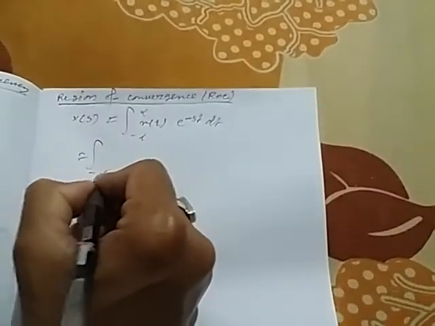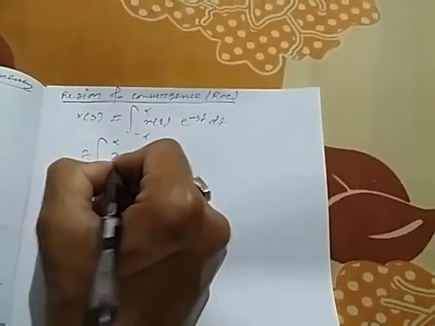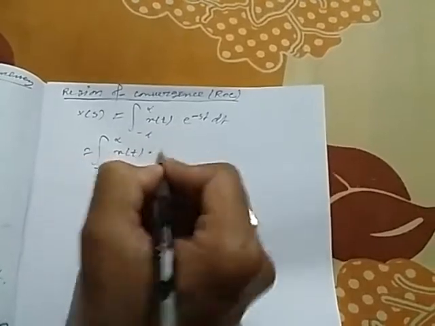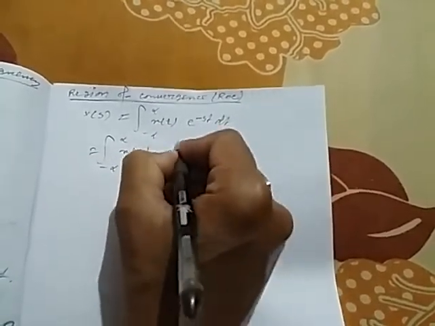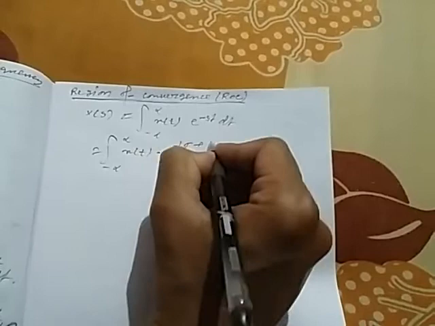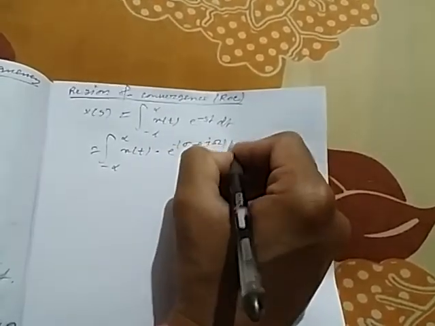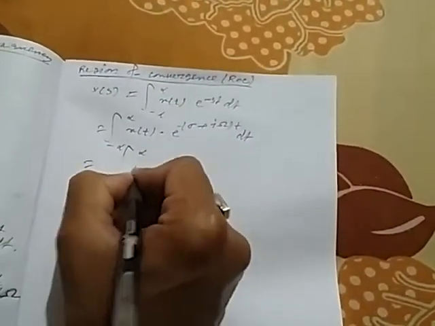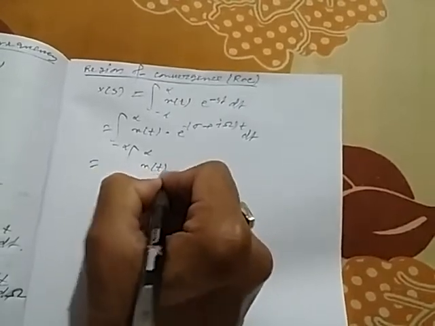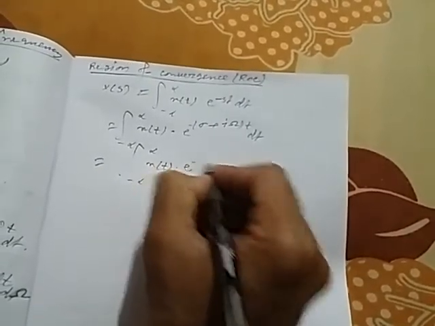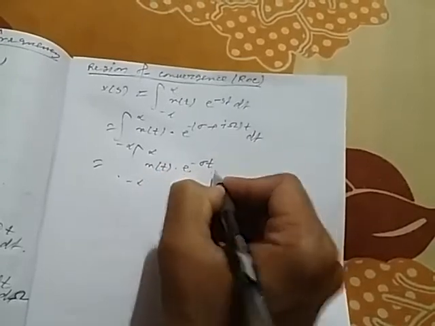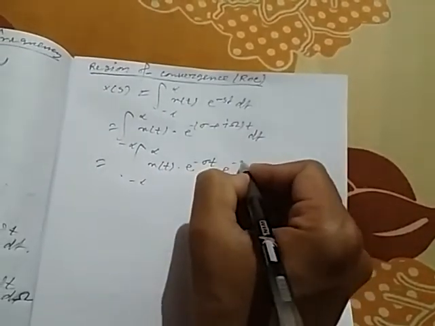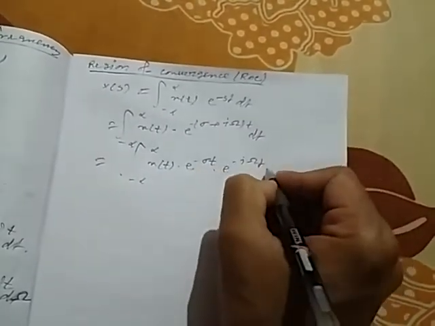Okay, now s equal to sigma plus j omega, so this will be equal to integration over minus infinity to infinity x(t) into e to the power minus (sigma plus j omega)t into dt. So this will be equal to integration over minus infinity to infinity x(t) into e to the power minus sigma t into e to the power minus j omega t dt.